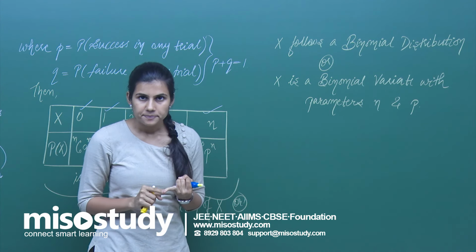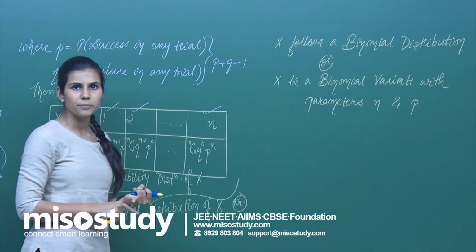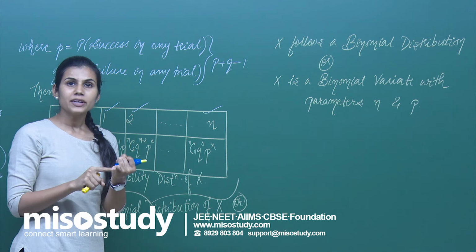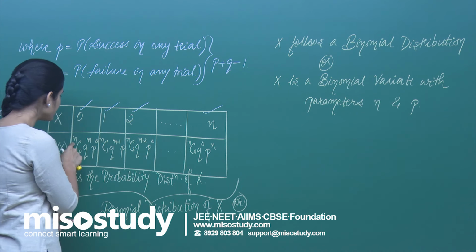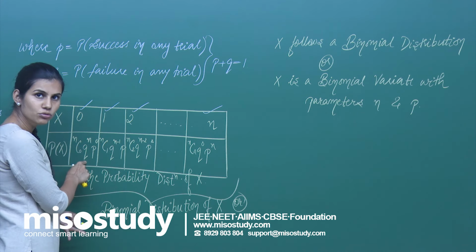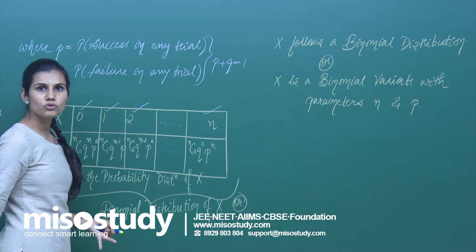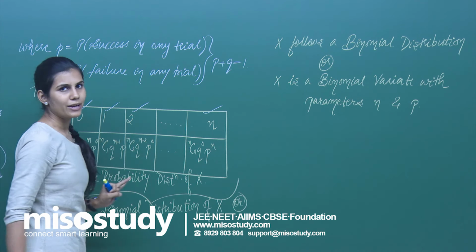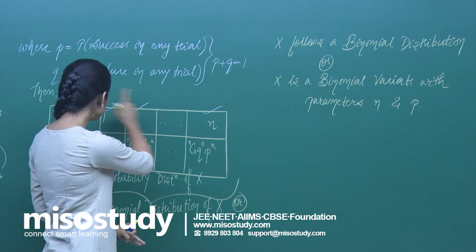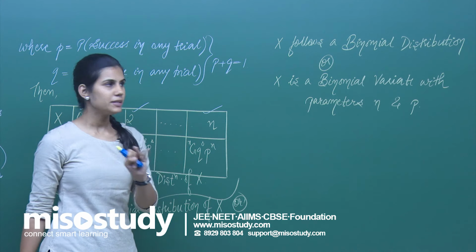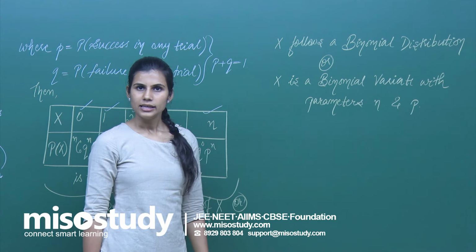The information of n, so that you get to know how many Bernoulli trials there are, so that you can write from 0 to that particular number as the values of this random variable. After n, you also need the value of p, which is the probability of success in any trial, so that you have n with you, you have p with you, from that you can evaluate q, and hence by plugging in all those data, you can get the probabilities, and your complete binomial distribution will be completed. So only two things are enough to get you this particular table. One is n, one is p, and that is why n and p are said to be parameters of this binomial variate capital X. Is it clear?